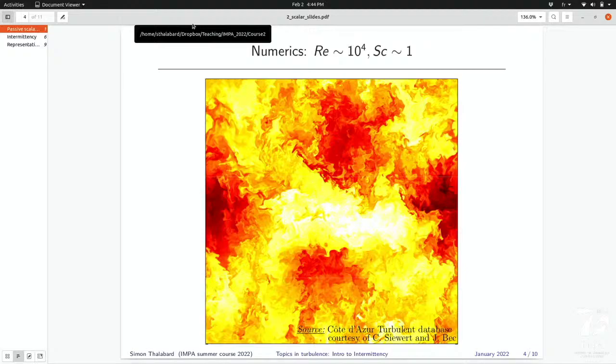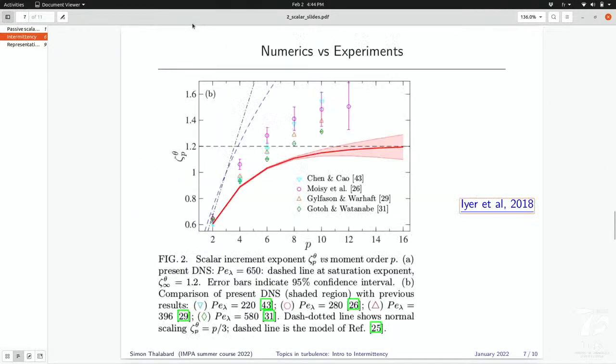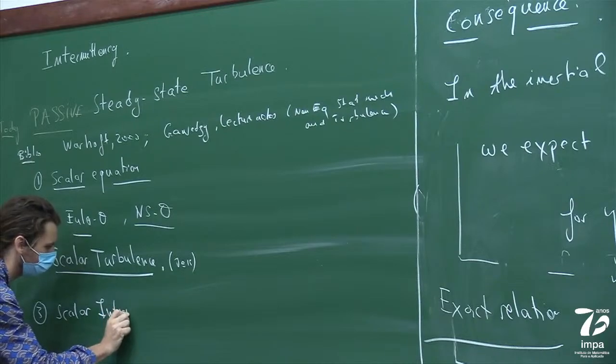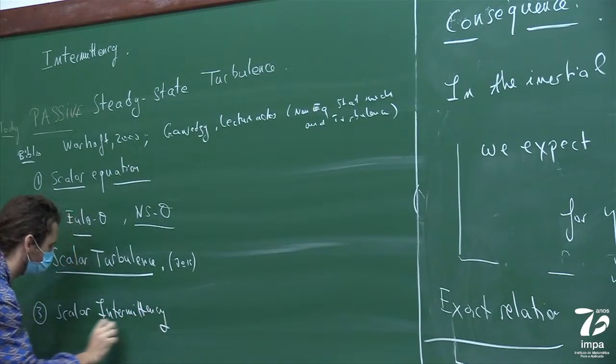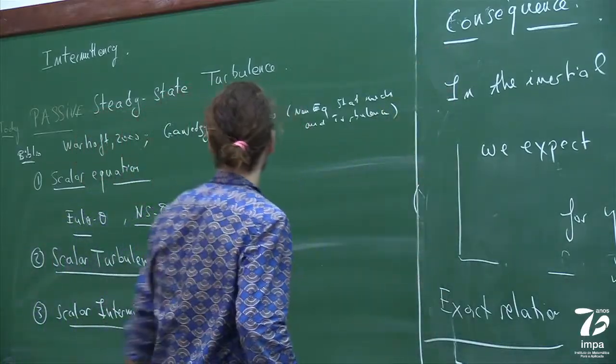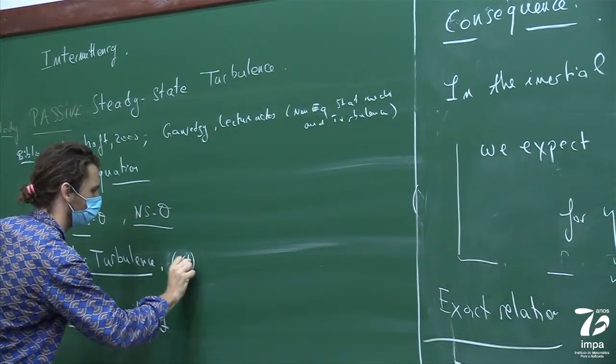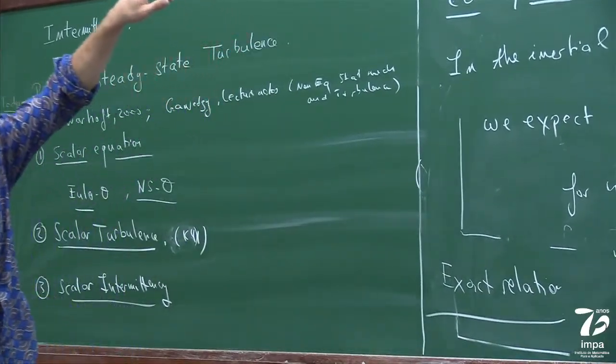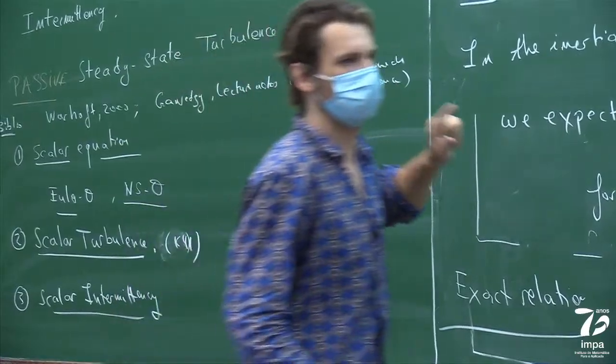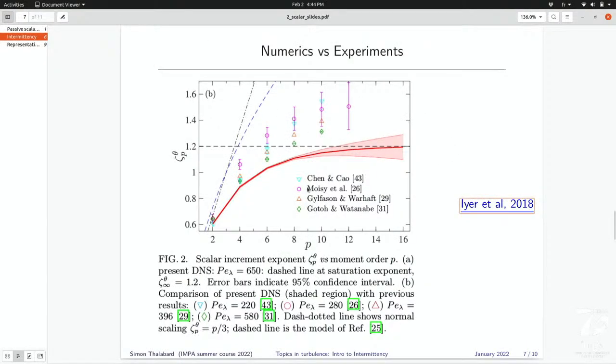Those are the numerics. And this is the behavior of the structure function, so the scalar intermittency. Those structure functions, or the behavior of those quantities, were measured in a series of both experiments and numerics.